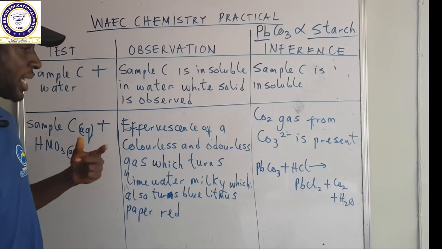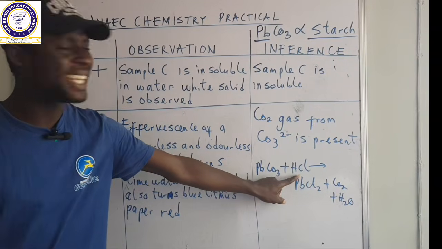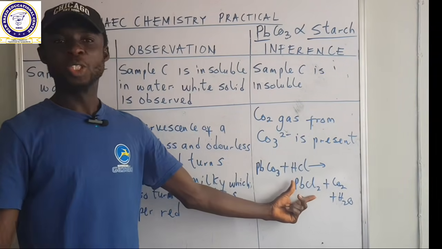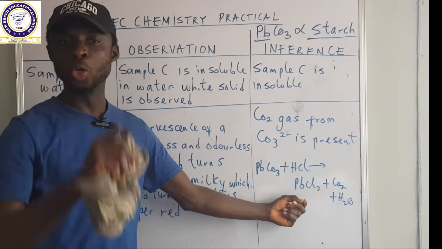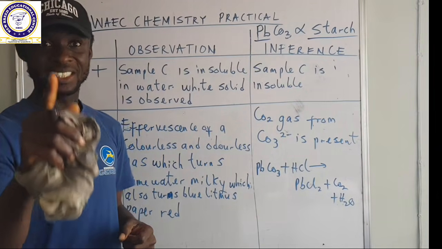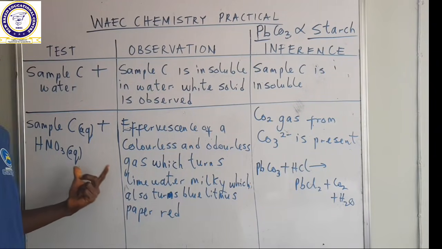Don't forget, but note, if they ask you to add HCl to your test sample, in this place your lead chloride is insoluble. Are you getting me? Your lead chloride is insoluble. So it is actually HCl that you are adding to this place.